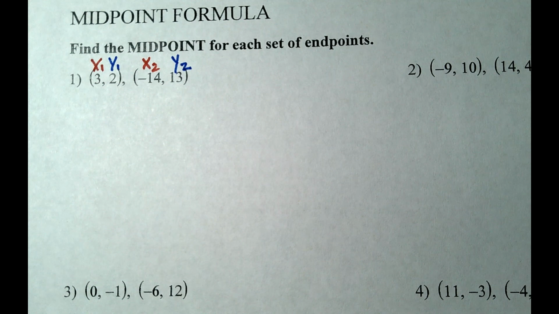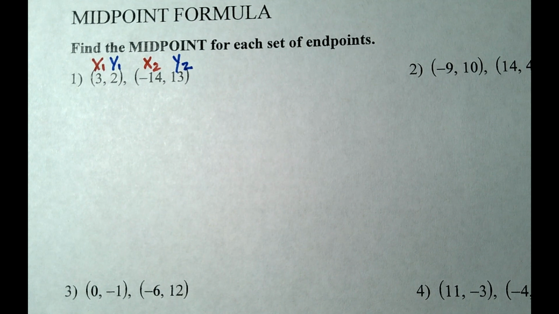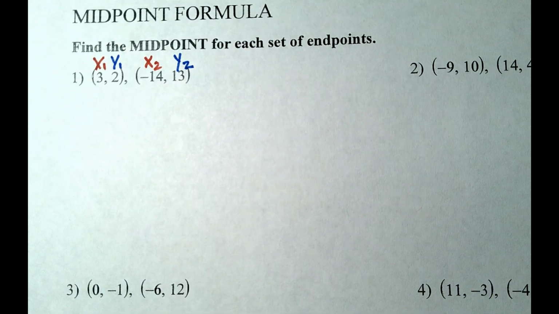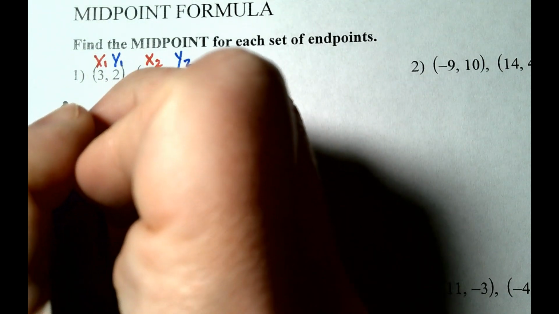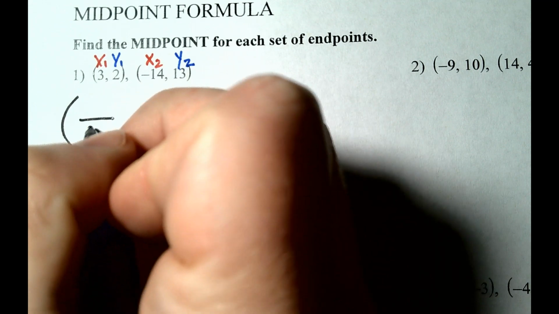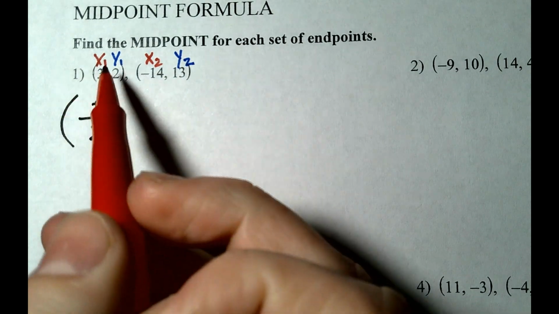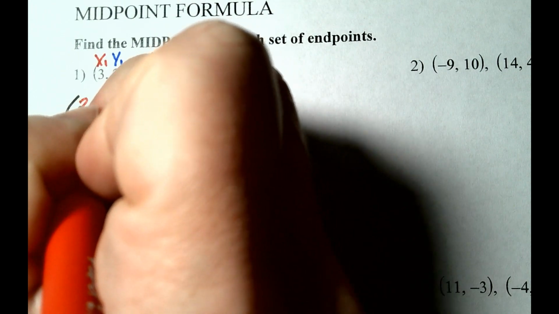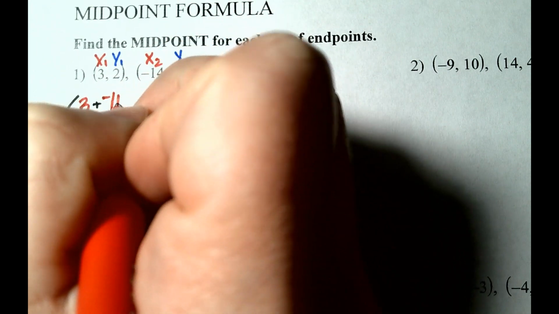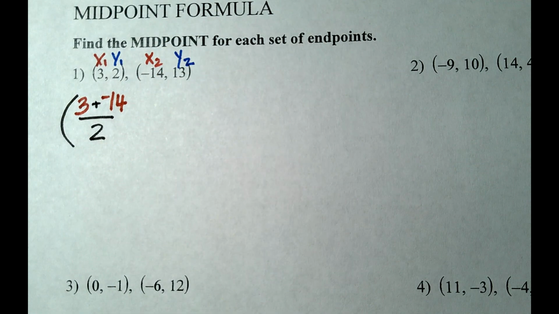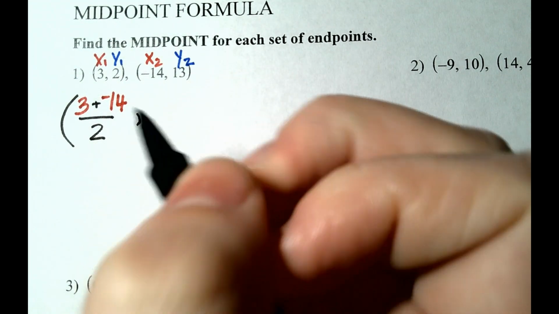Okay, now we put 3 and -14 on one side and 2 and 13 on the other side. Perfect. So we need to now plug these in. I'm adding and dividing by 2. So I've got 3 plus -14 for my x's, and I'm dividing that by 2.